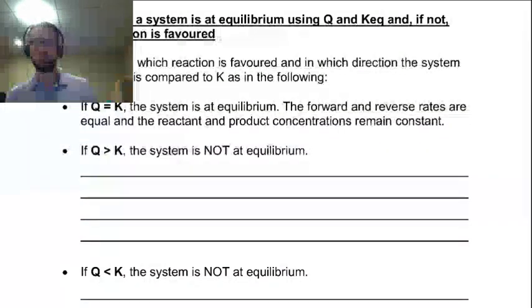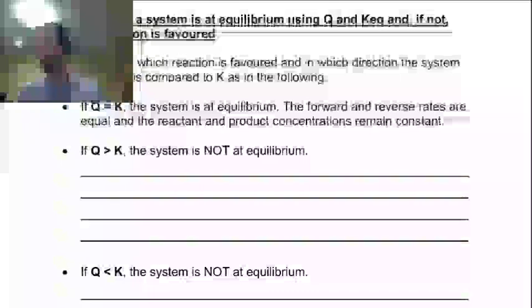If Q is greater than K, the system is not at equilibrium.